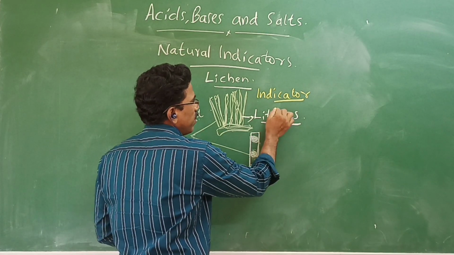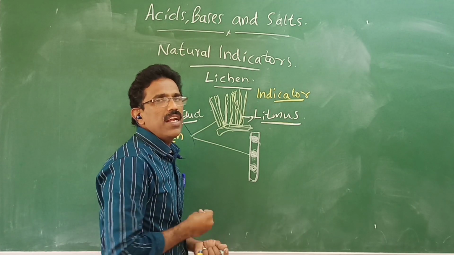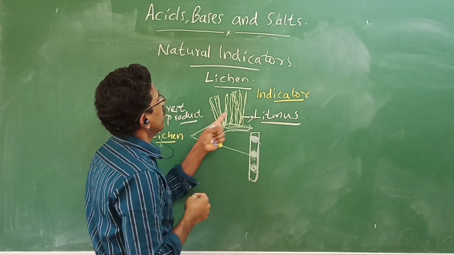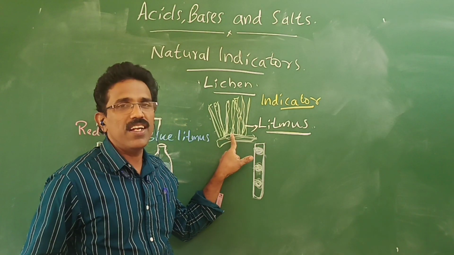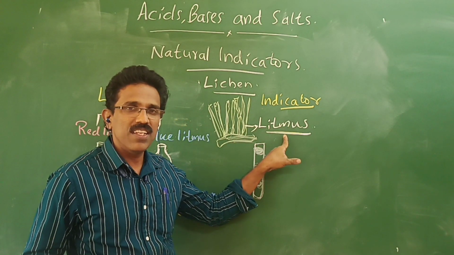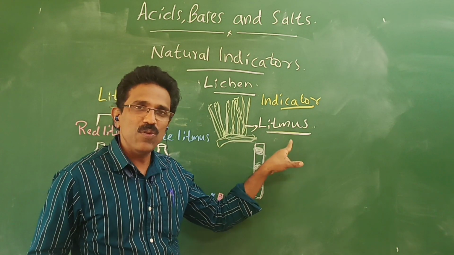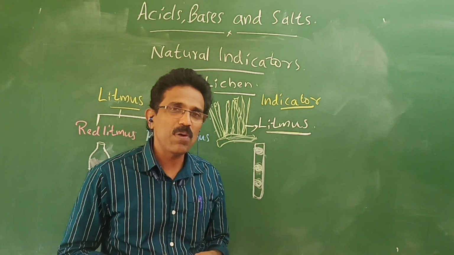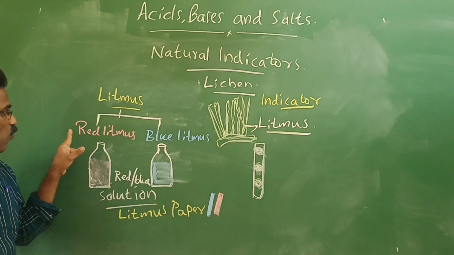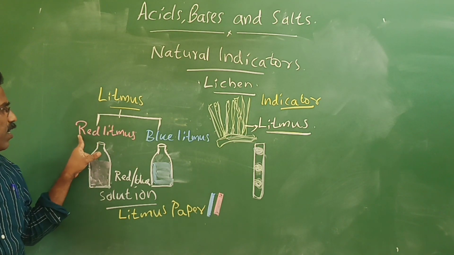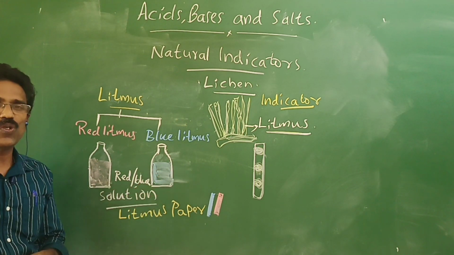So what is this litmus? Litmus is a natural indicator. We have seen that from lichen we obtain litmus. Litmus is a natural dye. Litmus is available in two forms. One is litmus red solution and litmus blue solution.